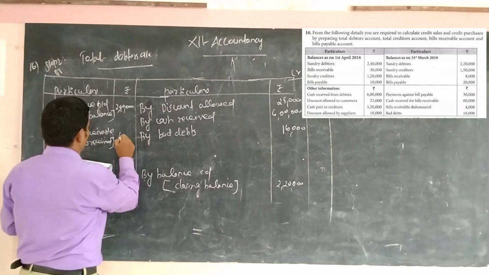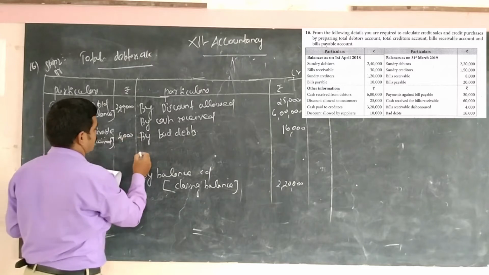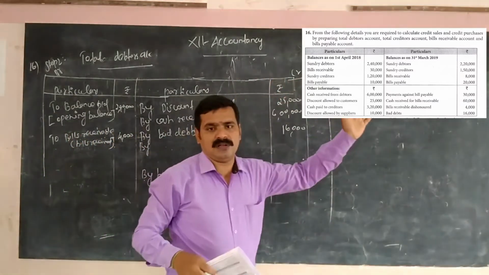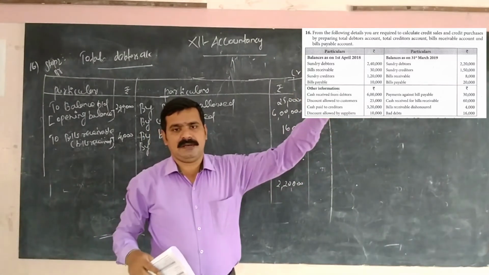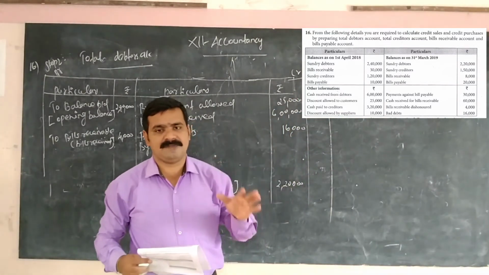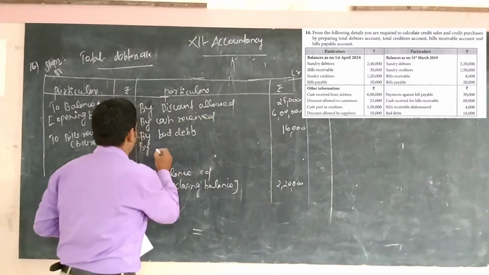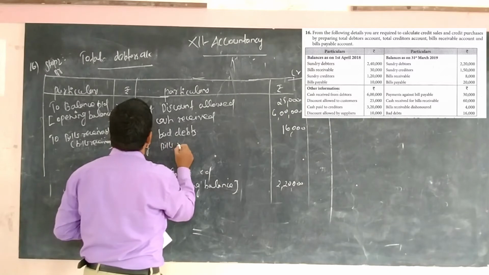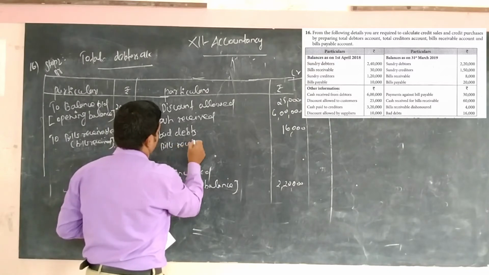Here the amount is 4,000. Next one, the total amount, that is the balancing amount in bills receivable account, 42,000. So that is the balancing here. That is by bills receivable.